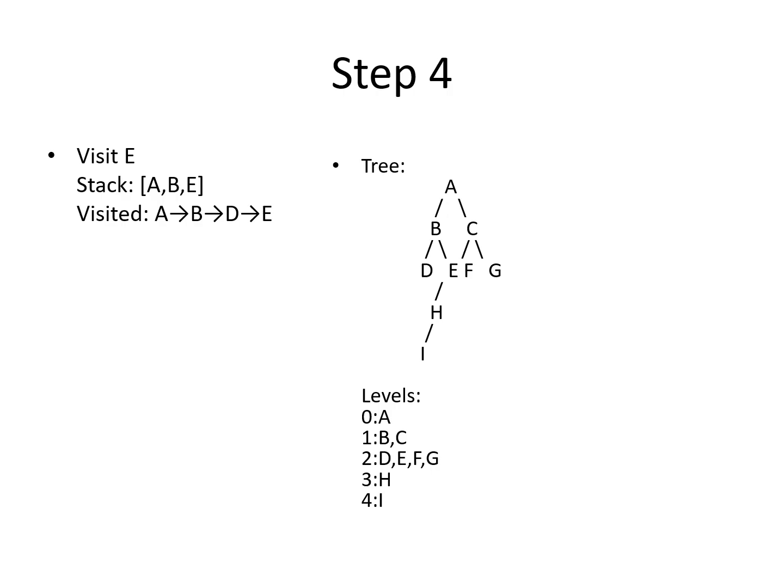We are at the second level. So we have reached the E position. What stack values should be recorded? A comma B comma E. So three values are recorded, and this is the traversal order.